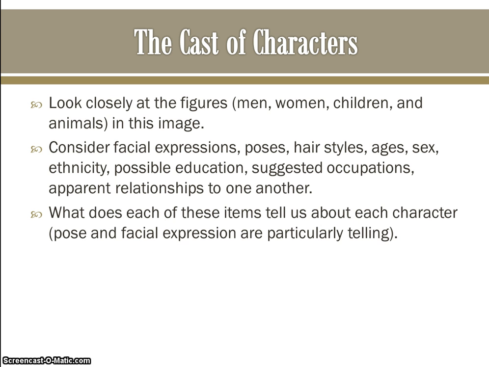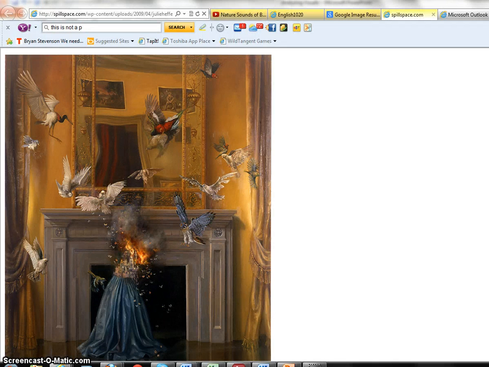So let's take a look at that other painting again, and let's think about what some of these things might mean and what they might tell us. In the center again we have an individual, and by the look of the pose, the person looks to be perhaps somewhat calm.